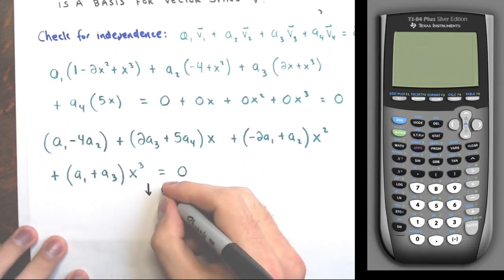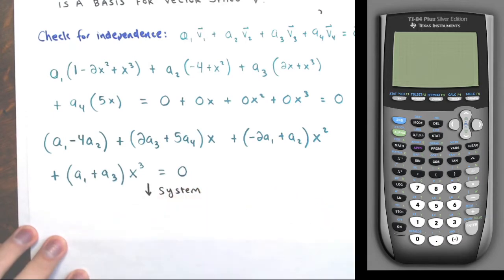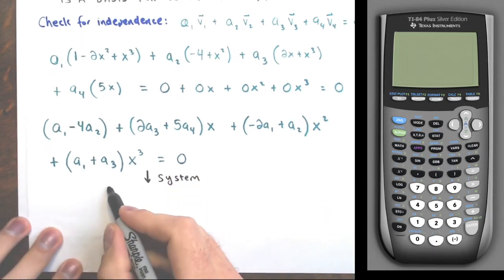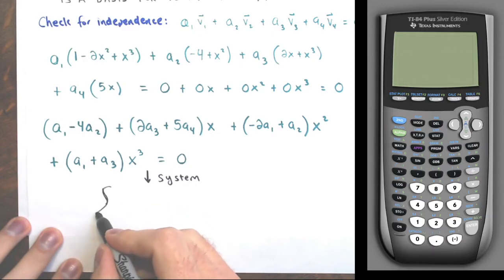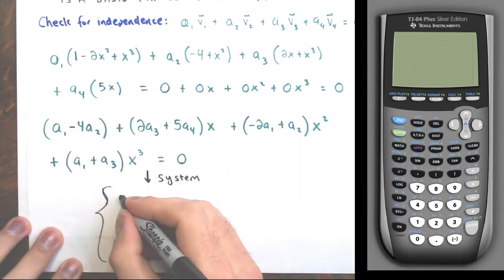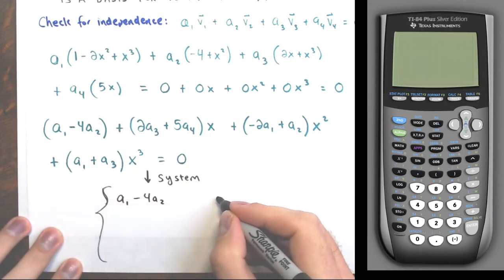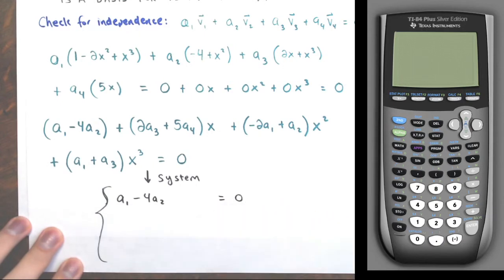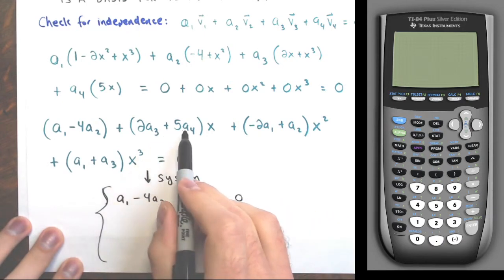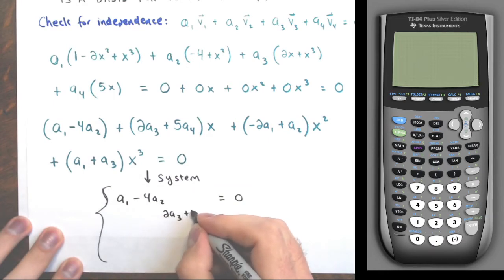So this leads me to a system of linear equations involving the unknowns, the a1 through a4. In order for this polynomial to be equal to 0, I need a1 minus 4a2 to be equal to 0. I need this coefficient to be equal to 0, 2a3 plus 5a4.